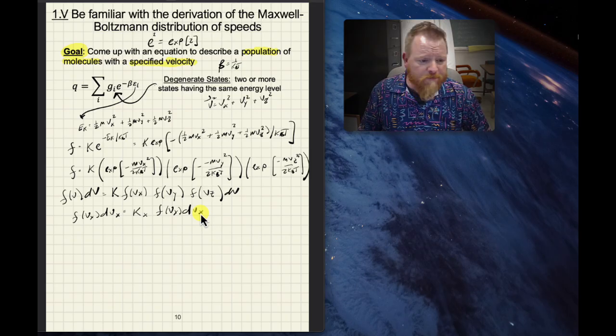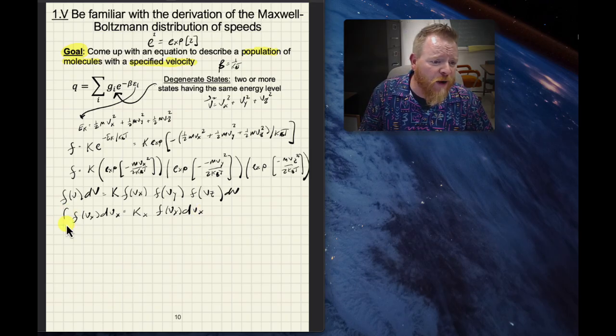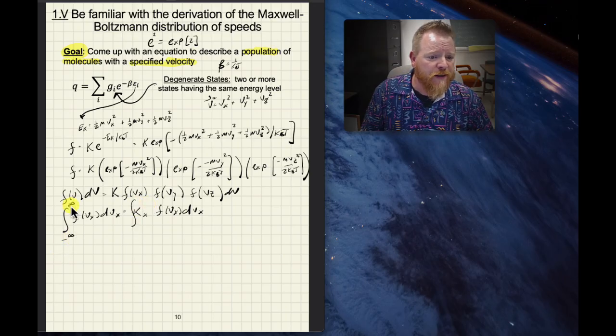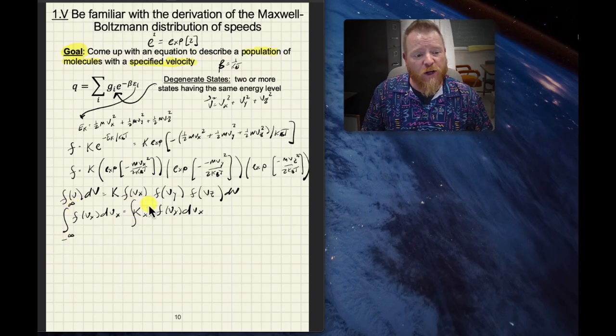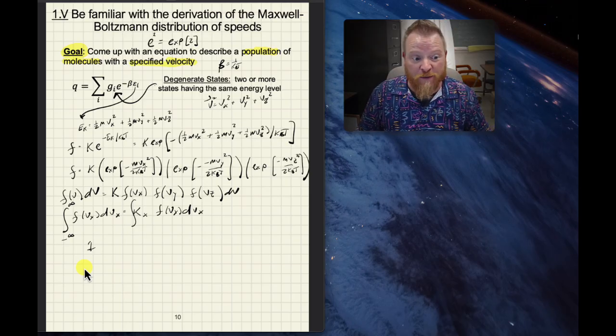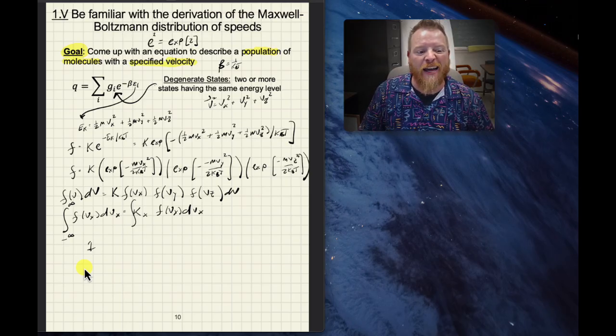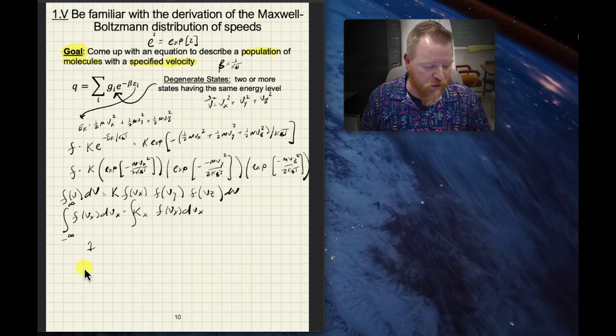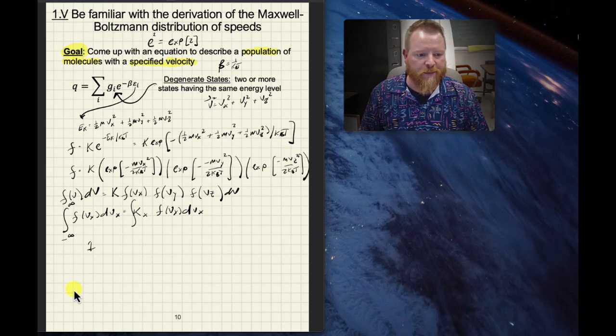Okay. So if we integrate both sides from negative infinity to positive infinity, we know that we're going to get 1. So that's kind of a way of saying if I integrate this whole function across all of space, negative infinity to infinity, I get 1, or in other words, 100% of the population, right?